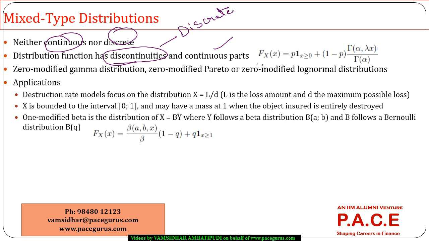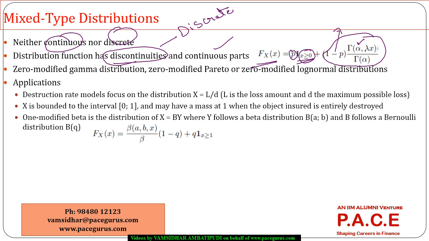If I look at their distribution function, it looks like this. There is a probability p that the distribution function will be 1 itself, let's say for all x greater than or equal to 0. And in all other cases, with probability 1 minus p, it follows a gamma distribution.